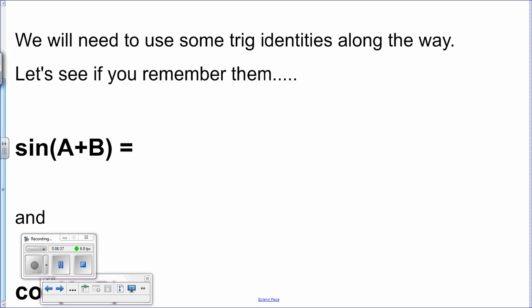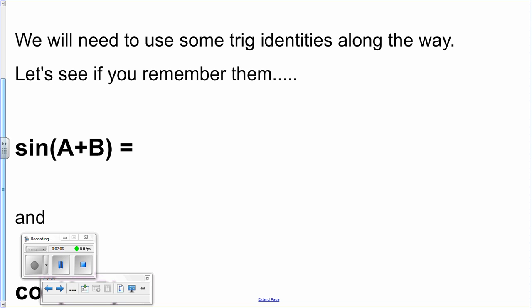Does anyone remember the sine of a sum? Anyone remember this one? What do you got? That is the sine of 2 theta is 2 sine theta cos theta.